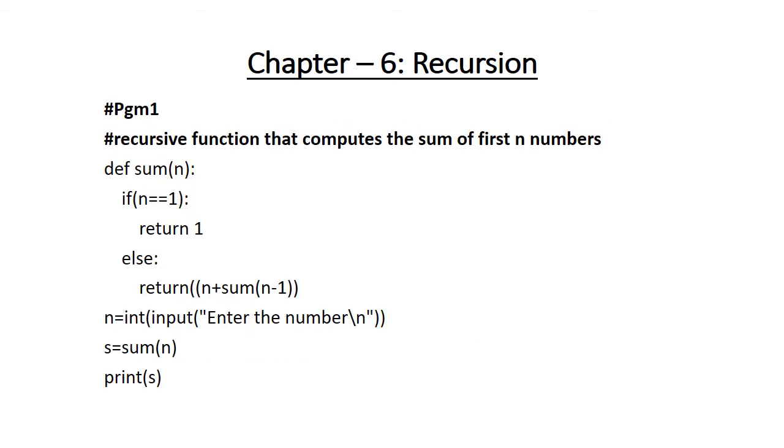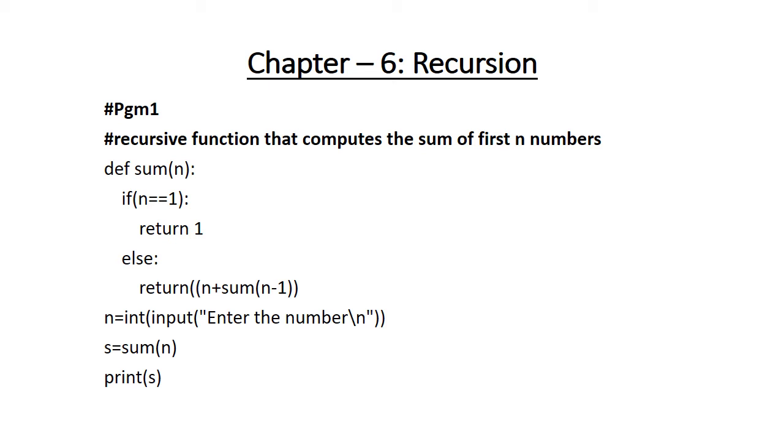An example, our very first program: a recursive function that computes the sum of first n numbers. We can directly go to the main program first. n is equal to integer of input of enter the number. We have to enter a number, that means the limit. And the function is called: s is equal to sum of n.